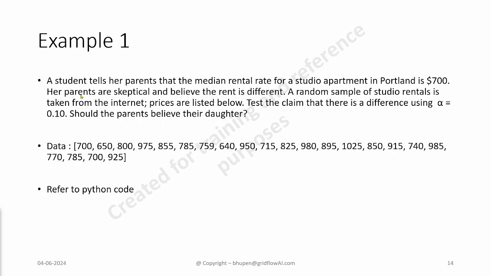As a parent, you would like to find out if that rental is really 700 in that area. So we're going to take random sample data. Let's say this is the rental here. With this series of rental values, we're going to compare against 700, keeping 700 as the median. So let's see the Python code for this problem.